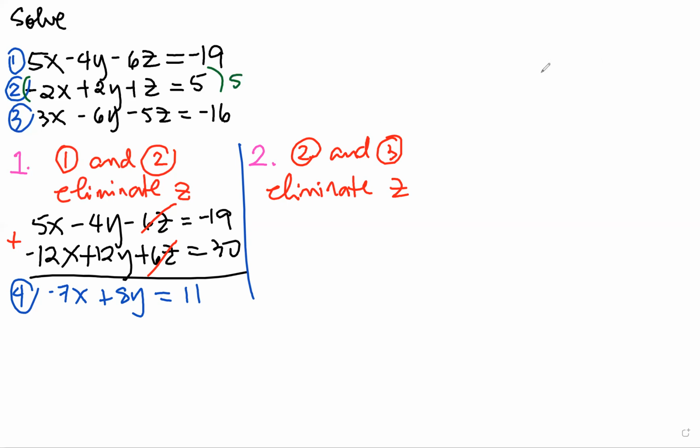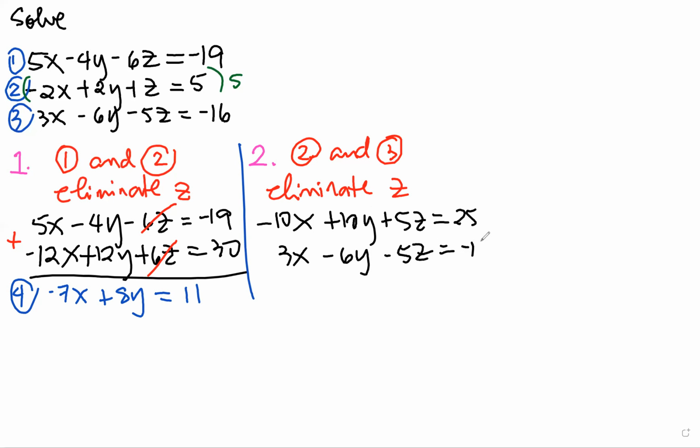So that when I do that, 5 times negative 2 is negative 10x. 5 times 2 is 10y. 5 times z is 5z equals 5 times 5, 25. Then the third equation, 3x minus 6y minus 5z is equal to negative 16.